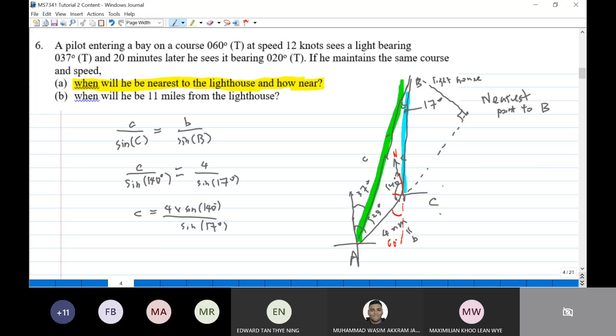So that is 8.79. Okay, 8.79 nautical miles. So that means that this is 8.79.